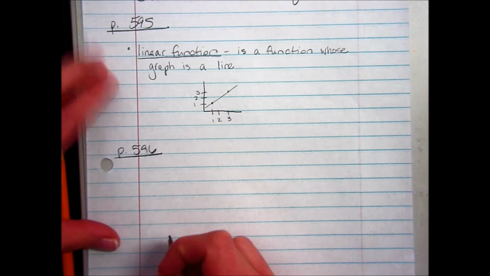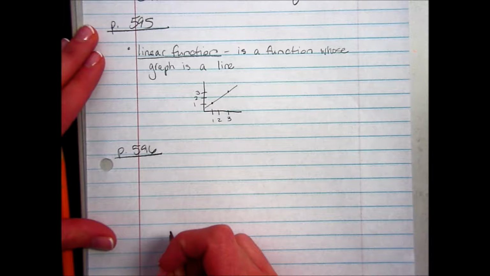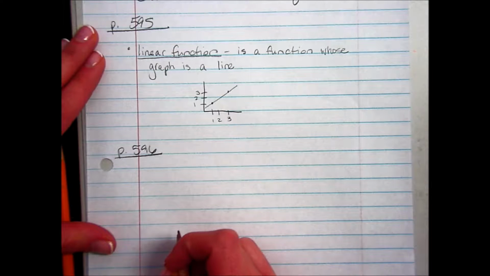In example 1, we need to write an equation that represents the function table. So in your practice today, you'll see several tables and you'll have to figure out the function based on the information that is given to you in the table.